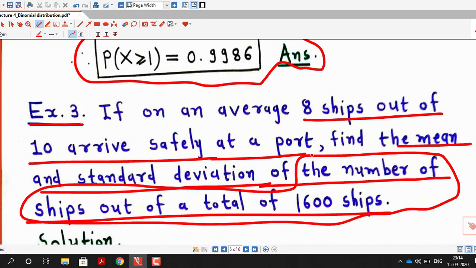So this you can consider as your random variable, but we have to add this arrive safely. So the random variable under consideration is the number of ships that arrive safely out of a total of 1600 ships, that is total number of trials is n equal to 1600.